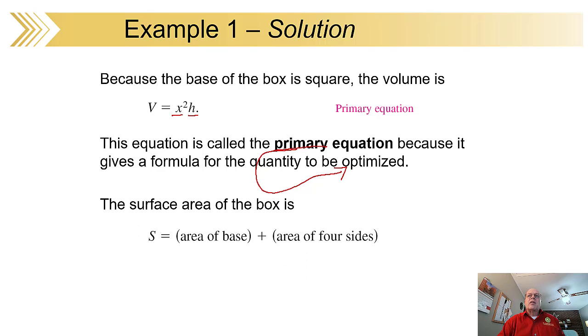Next, the surface area of the box. And there's another equation. And there's our formula, the one we just saw on the last slide.